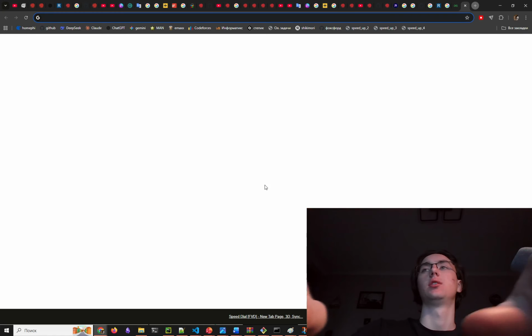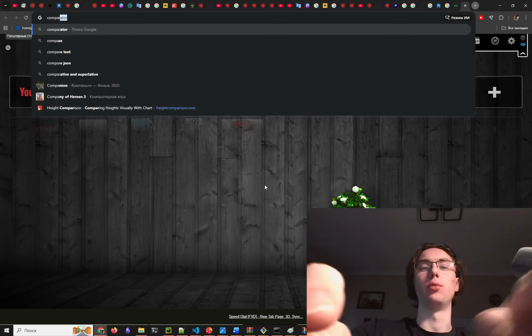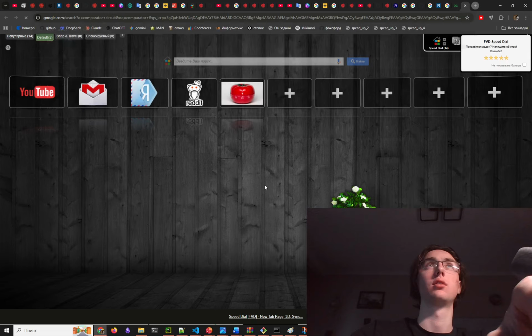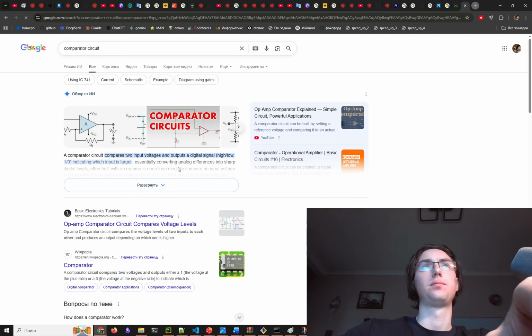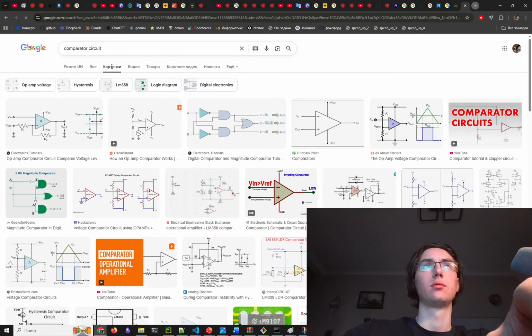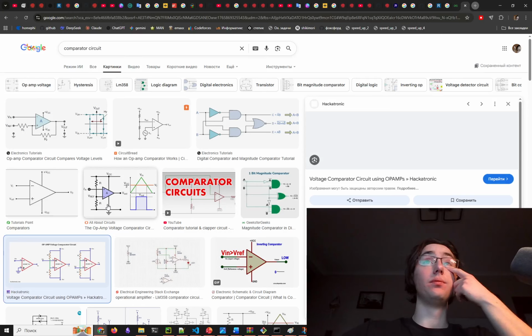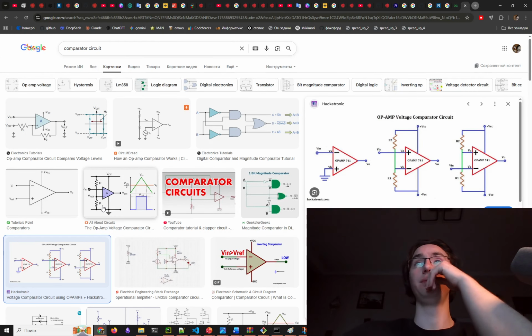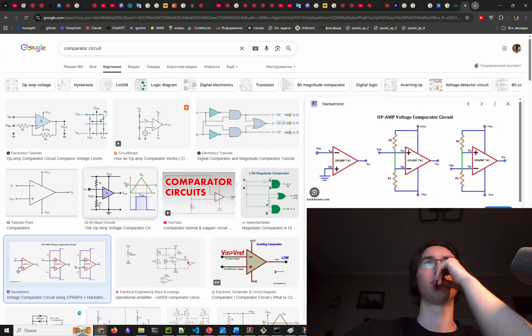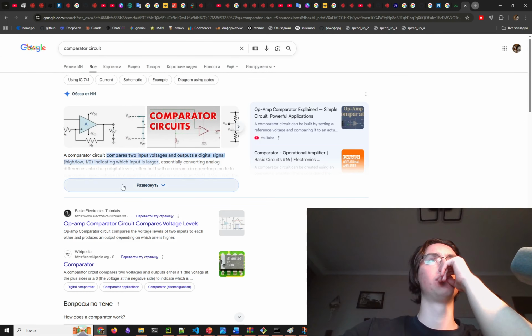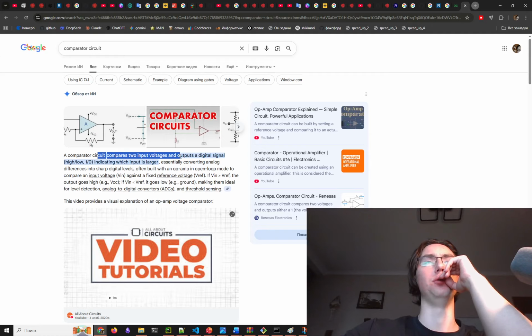Like, comparator circuit, how does it work? It pairs 2 input voltages and outputs a digital signal indicating which input is larger.